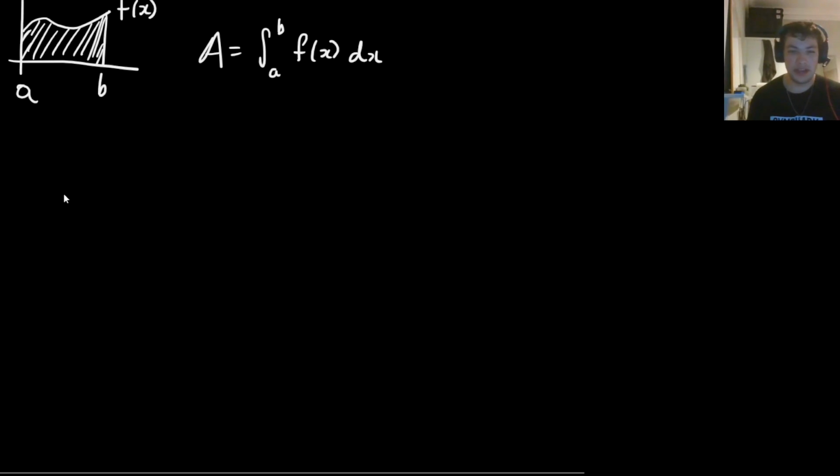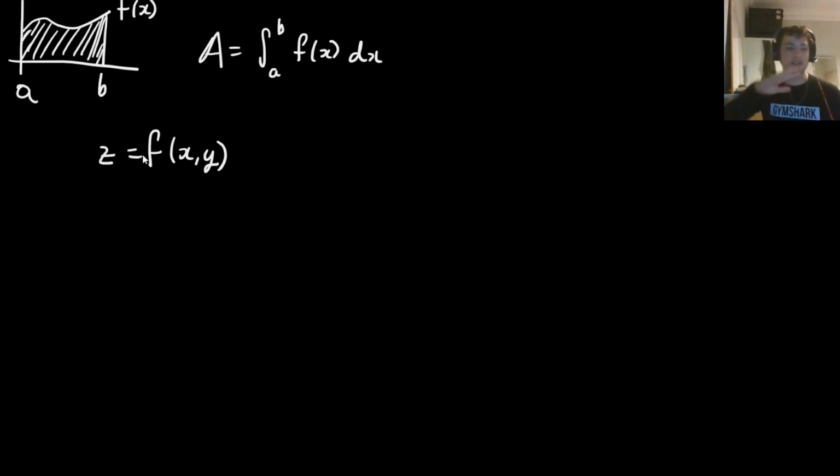Okay, and so then let's say we had instead a function f of x, y, so z equals f of x, y. This is going to be a sort of surface in x, y, z three-dimensional space, and we can think about the volume contained in a region. Let's try and draw this.